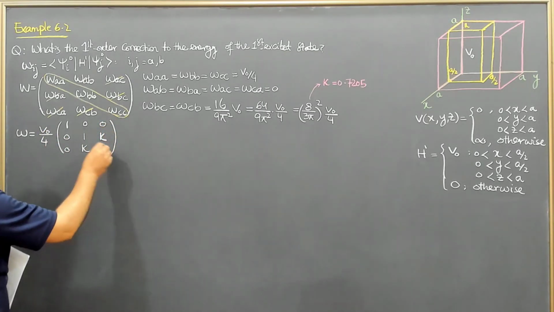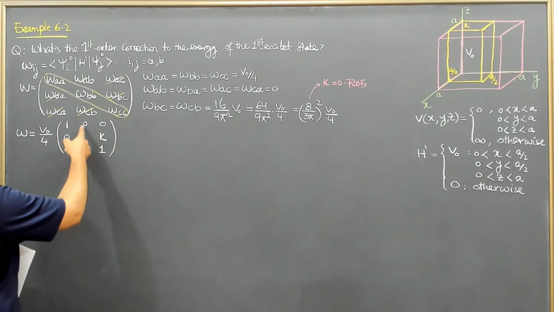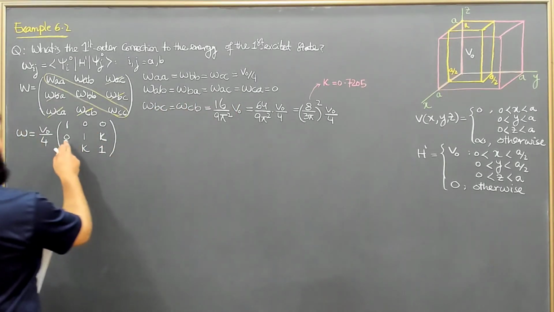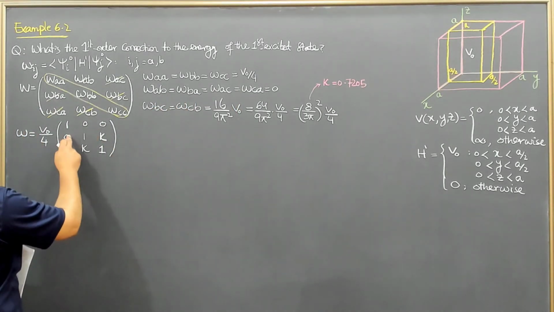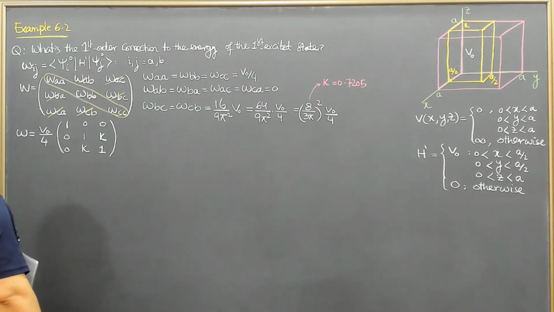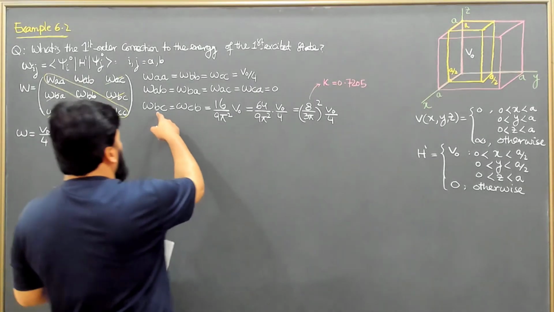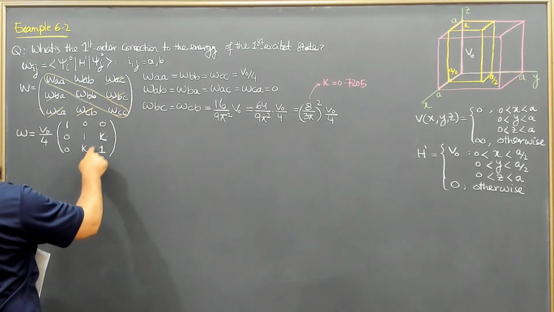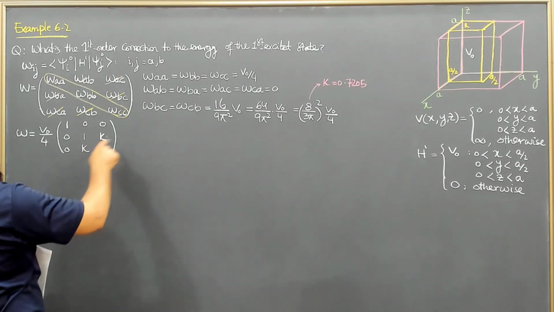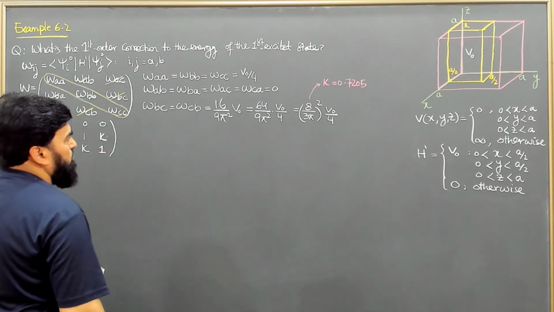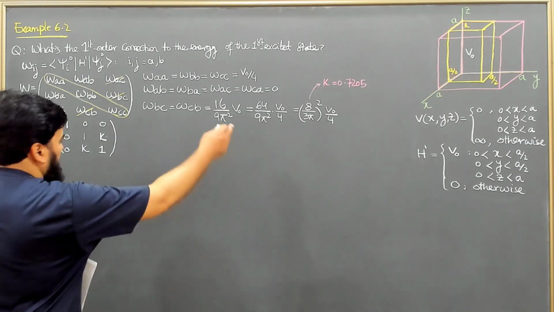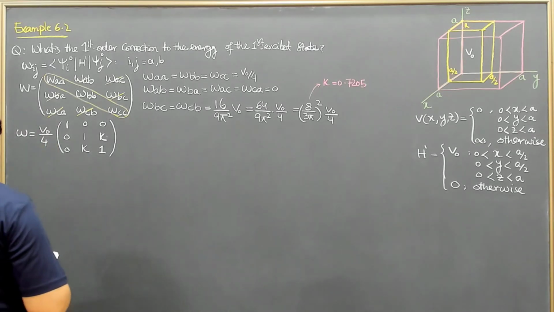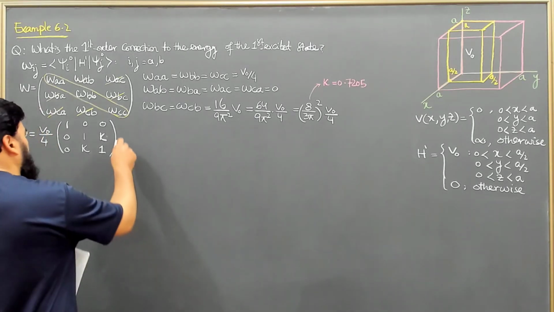So all the diagonal elements are 1 1 1. These 4 elements AB, BA, AC, CA are 0 0 0 0 here, and the two values BC and CB are equal to kappa, and kappa is equal to 0.7205, and then multiplied with this V naught over 4. So I have this matrix.